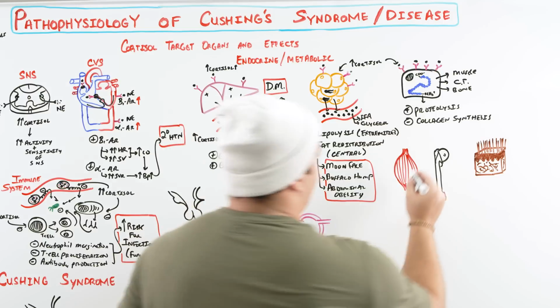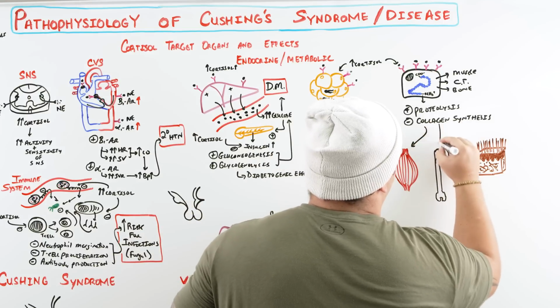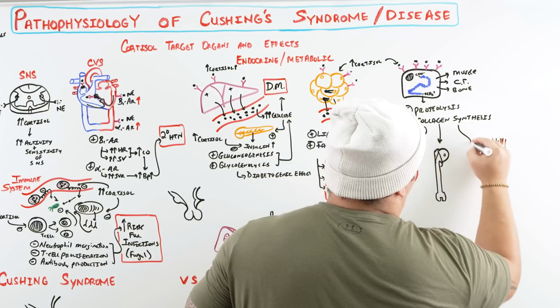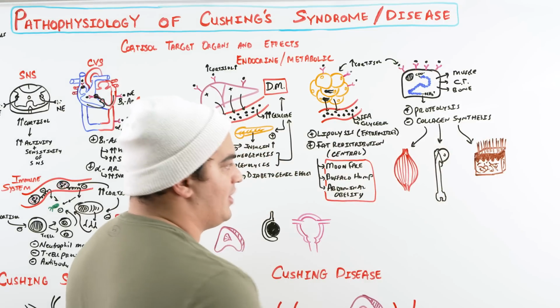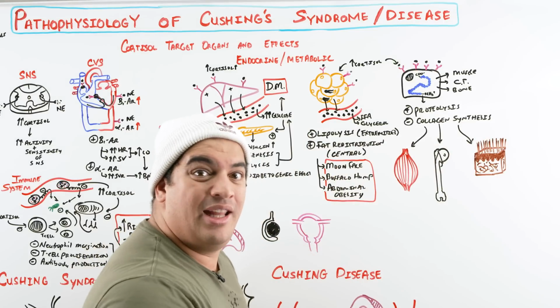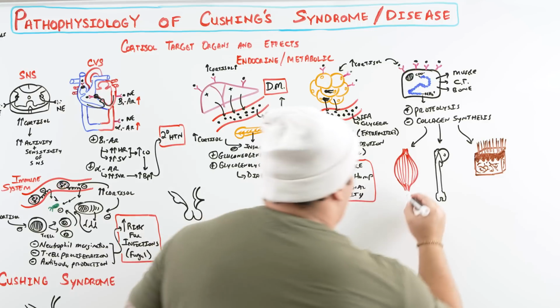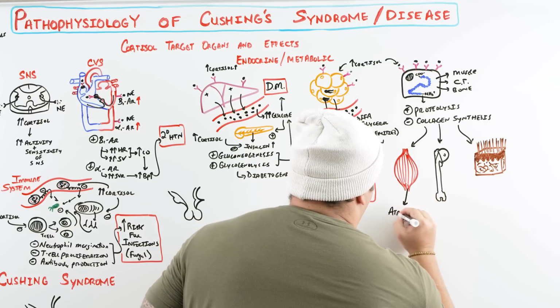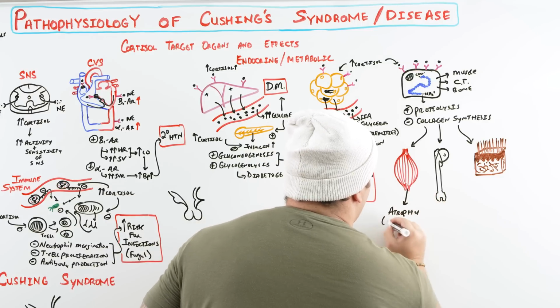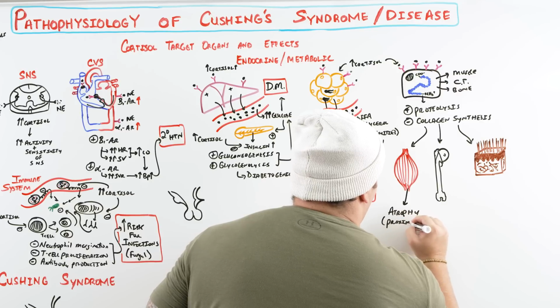Now, what would that look like? If I broke down proteins and inhibited collagen synthesis, what would that do to the muscles? They would get super weak and thin. So you would end up with a lot of atrophy. And you know where this most commonly affects? The proximal muscles.